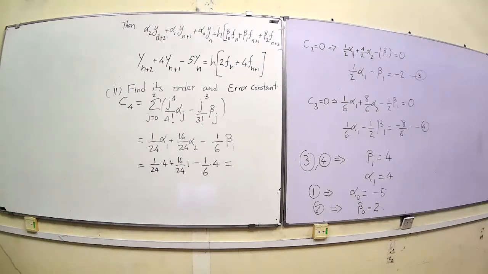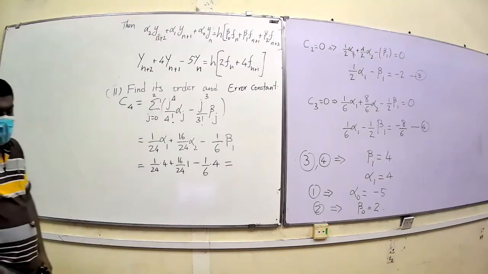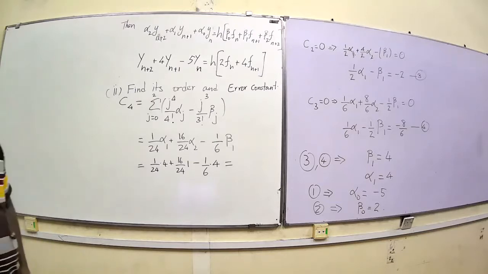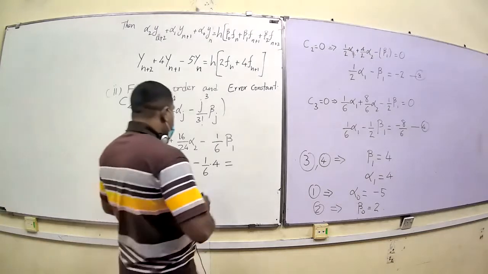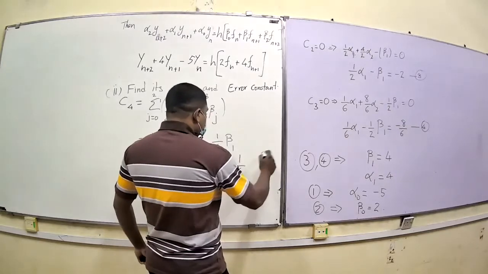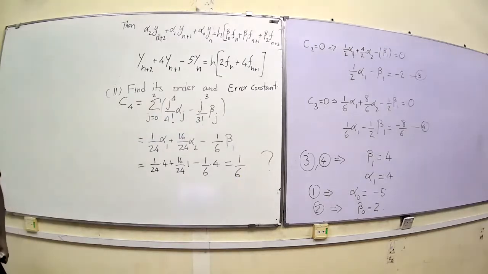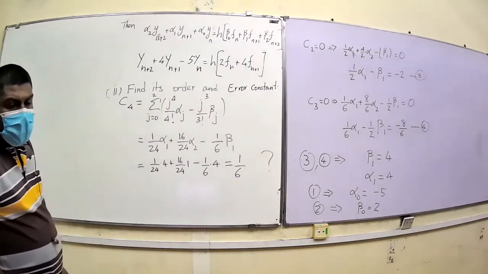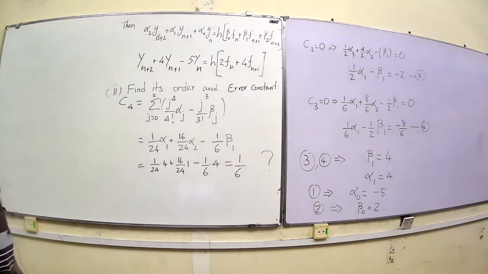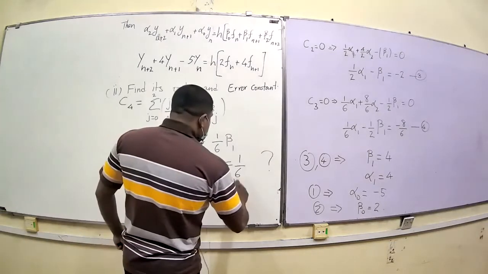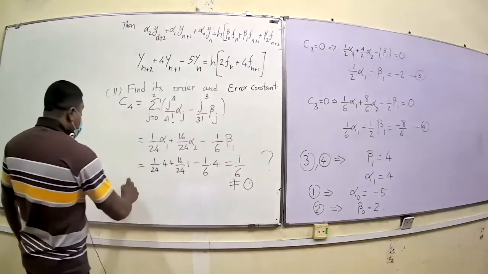So 20 over 24 minus 16 over 24, so it's 1 upon 6. And you can check this number and see whether this is correct or not. Okay, so this is obviously non-zero. So clearly the order is 3.